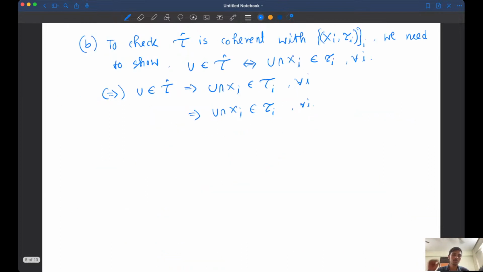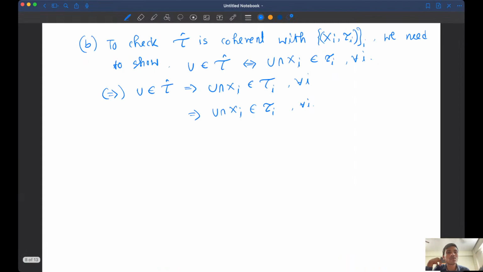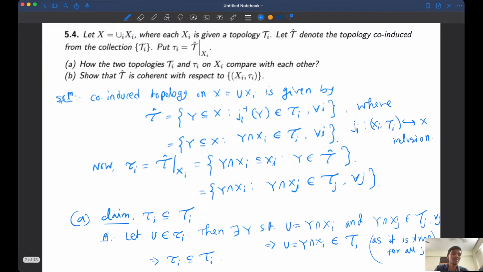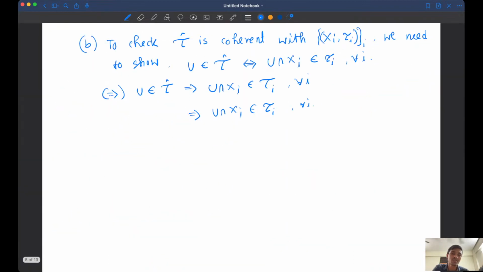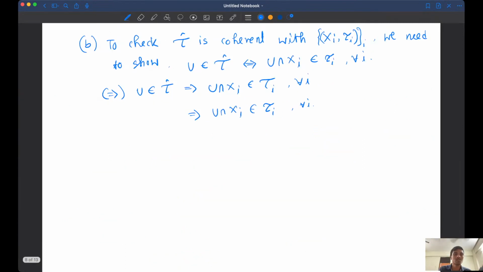So it will directly imply that u belongs to small tau I. Why should u belong to small tau I? Because u is a subset of x, but tau I is a topology on xi. Yes, u intersection xi belongs to small tau I, because that is the definition. So this direction follows almost from the definition.